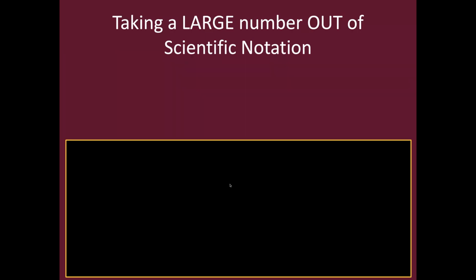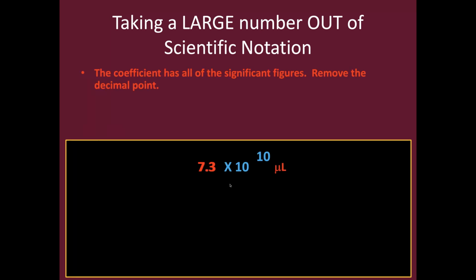Now, let's take a large number out of scientific notation. What we do is we take the coefficient, which has all the significant figures. We're going to pull that out and remove the decimal point. Boink. And then we're going to add in enough places after this 7 to get you 10 decimal places back to the ones place.